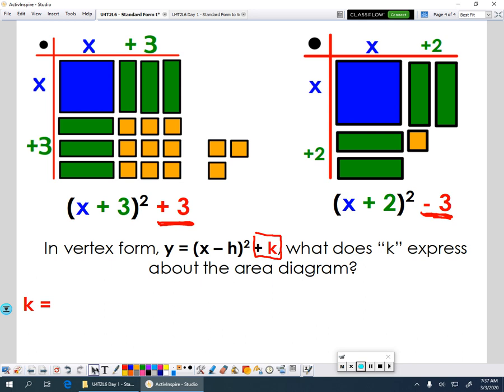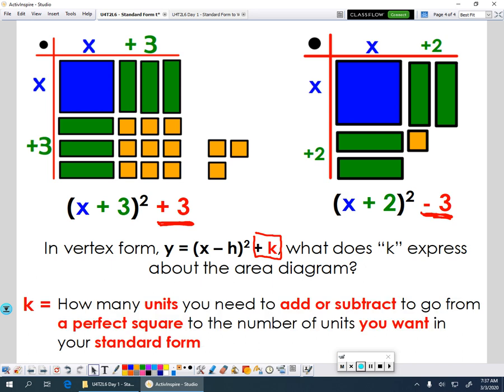And what I want you to see is that the k value represents the number of units that you either need to add or subtract to go from the perfect square that you have to the number of units you actually want in your standard form. So remember, vertex form is based on a perfect square, and then you just have to modify it and figure out what you need to add or subtract to get what you really want instead of the perfect square.